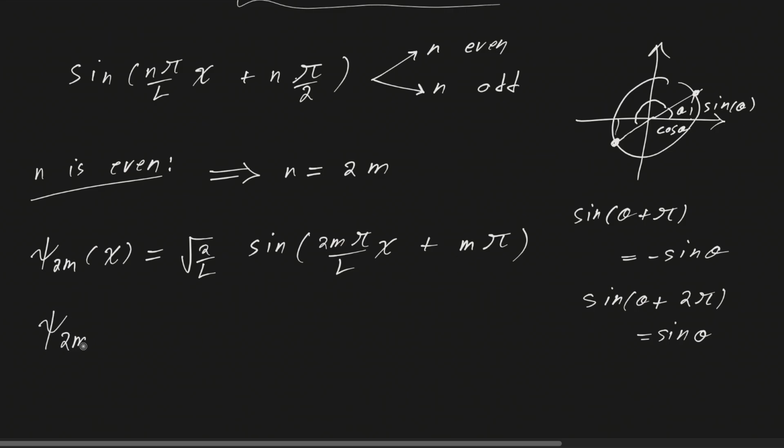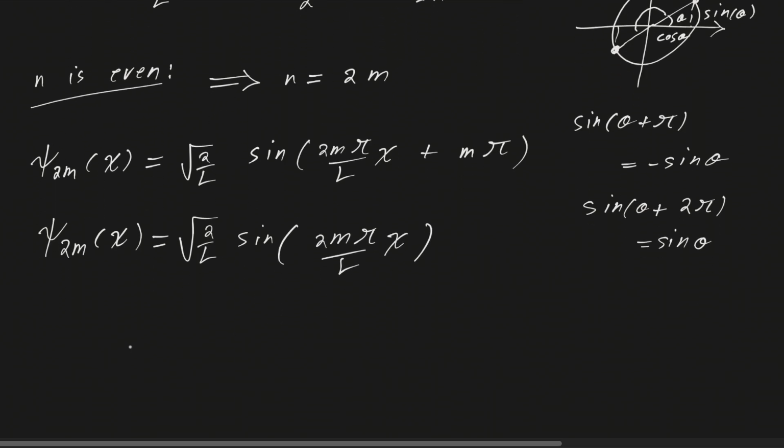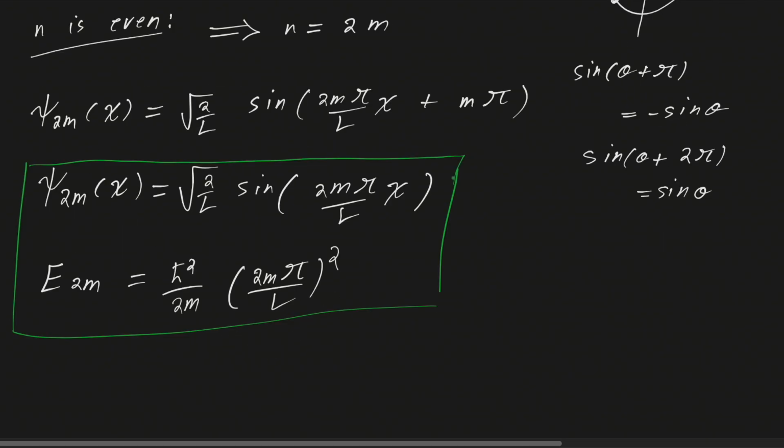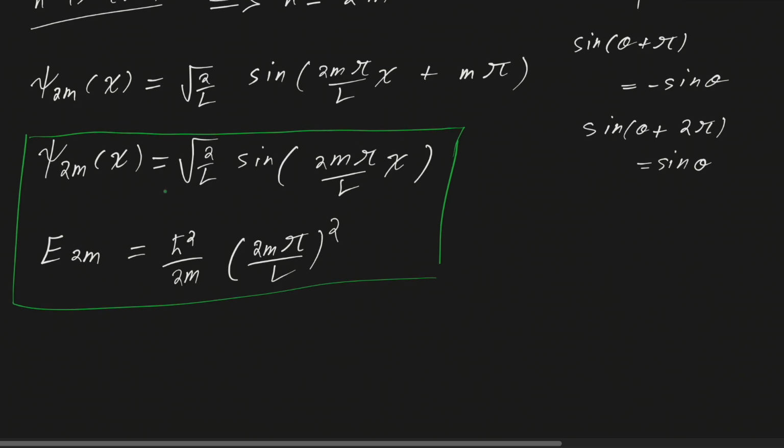So you get psi 2m of x equal to square root 2 over L sine of 2m pi over L x, with the corresponding energy eigenvalues E 2m equals h bar squared over 2m times 2m pi over L squared. So would you look at that? We got the exact same solution for the even functions that we got earlier from the solution for the symmetric well.